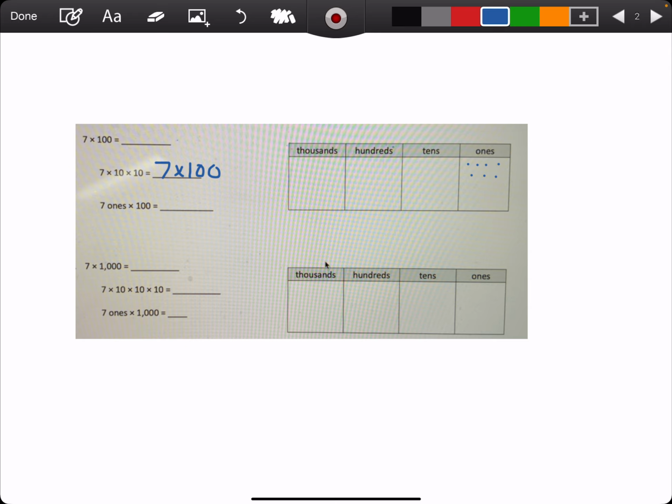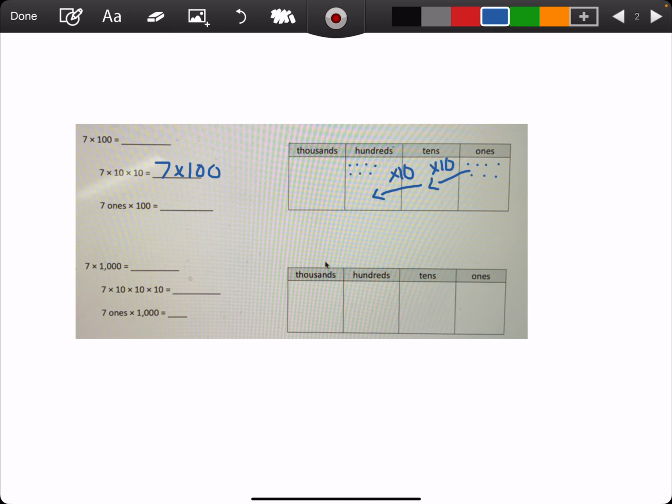Times 10. I'm writing a little bit smaller, so it should be times 10, and then times 10 again. 1, 2, 3, 4, 5, 6, 7.